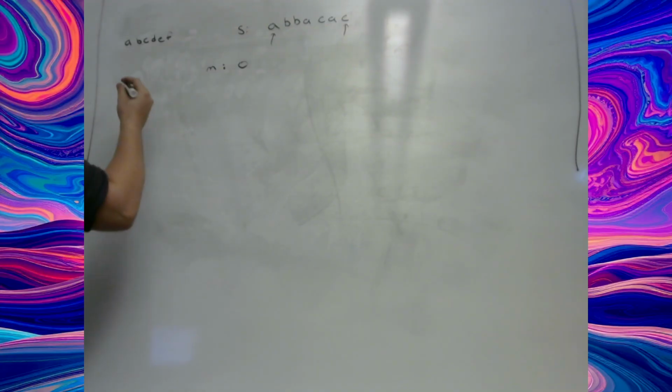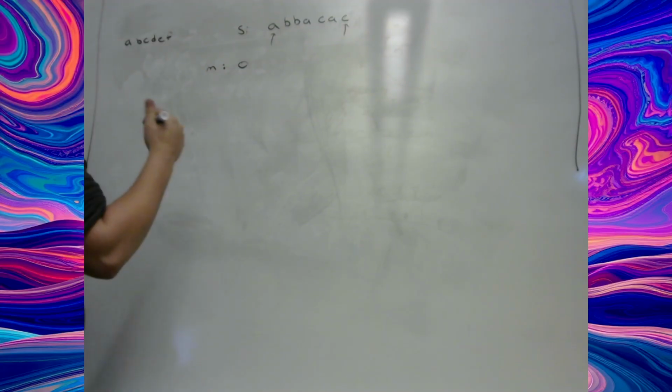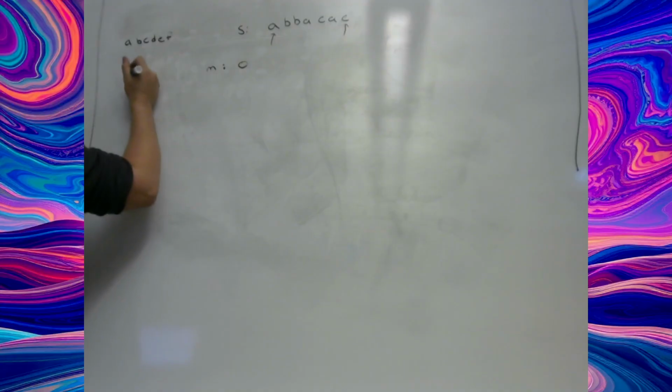So for A, I have this in little endian right now, but it will be big endian the way that I code it. So let me just switch that.